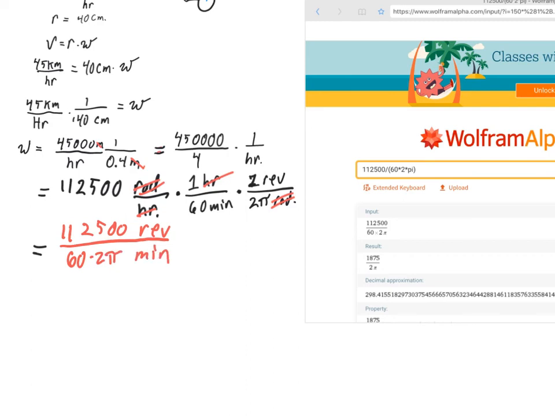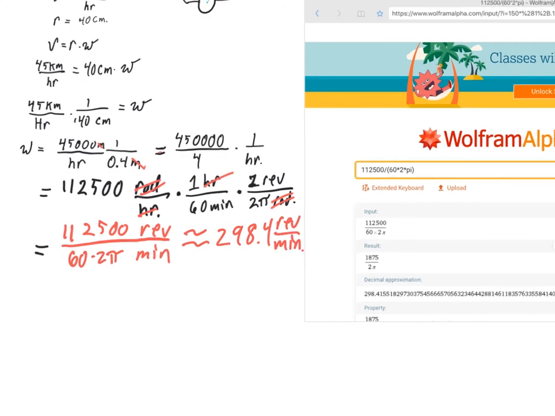Doing that computation using a machine, 112,500 divided by 60 times 2 times pi is approximately 298.4 revolutions per minute. Great. So we'll stop there.